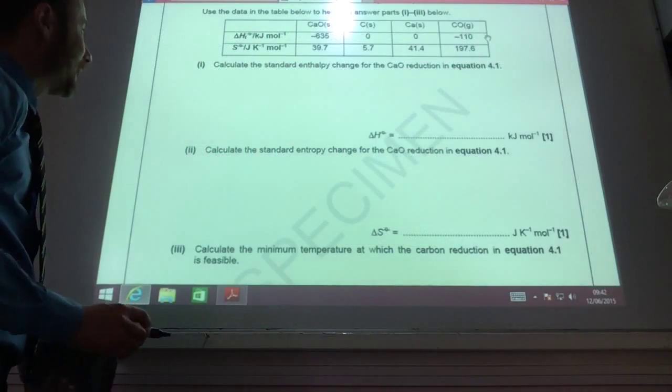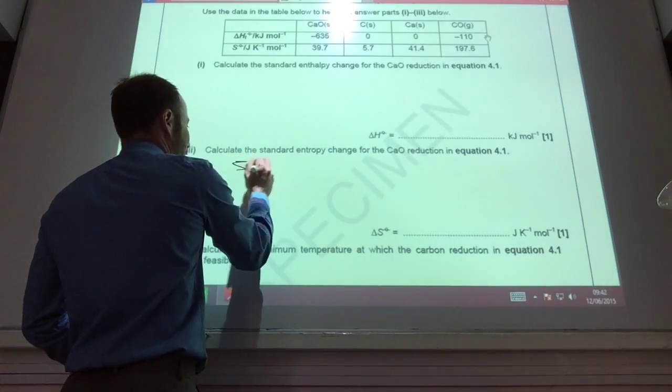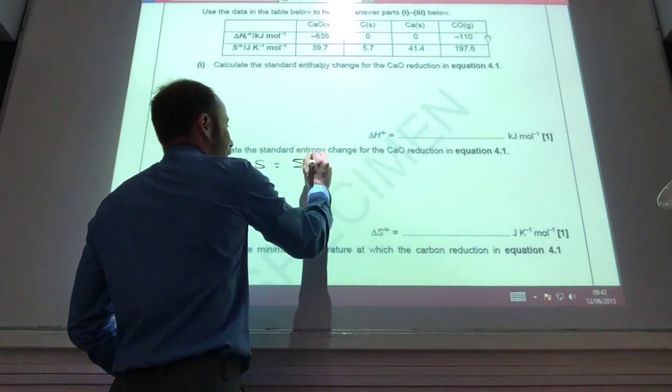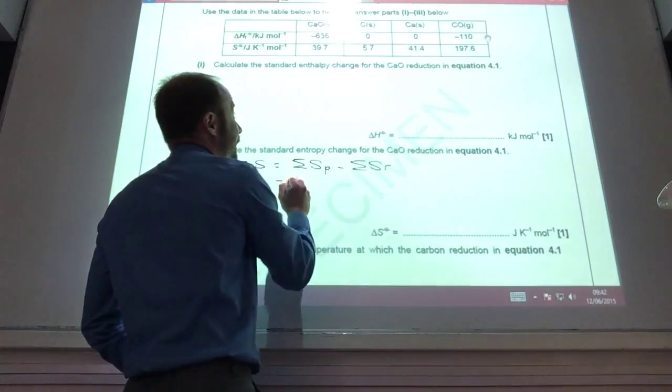Okay, for the next one it wants me to calculate the standard entropy change. So standard entropy change is going to be the sum of the entropy of the products minus the sum of the entropy of the reactants.